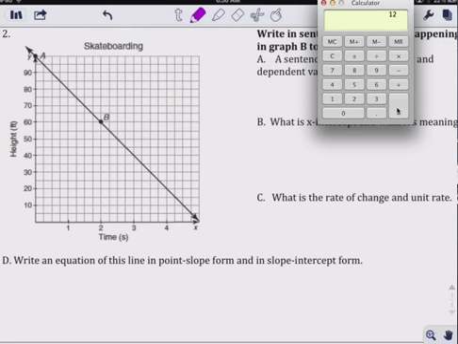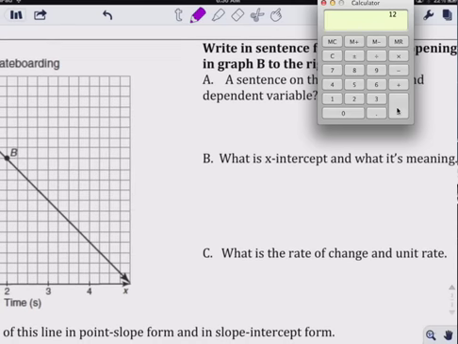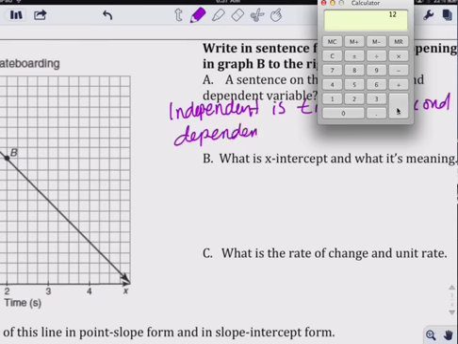Independent and dependent variable. Independent is time in seconds.